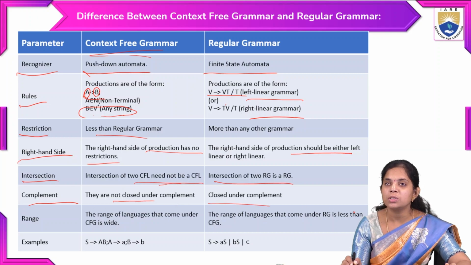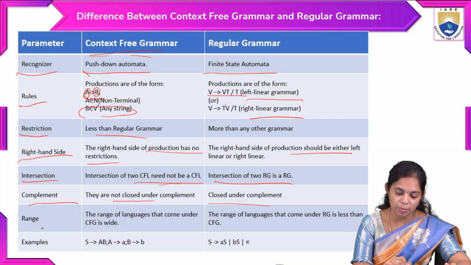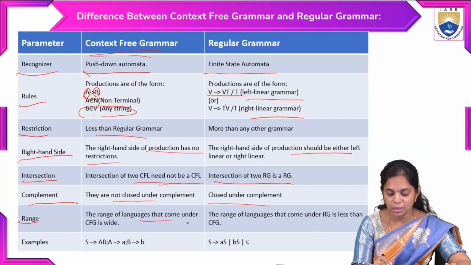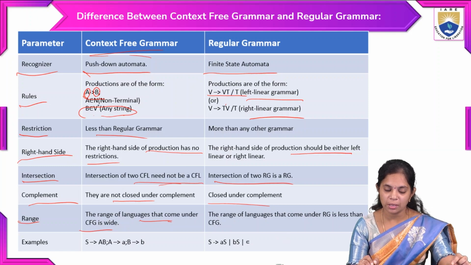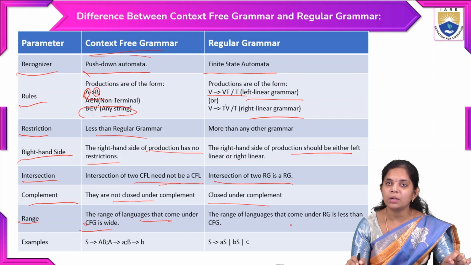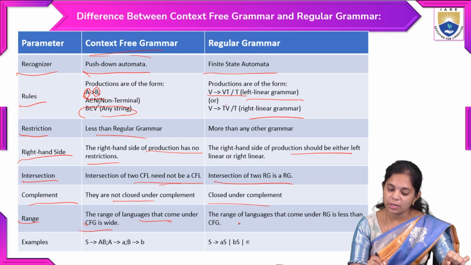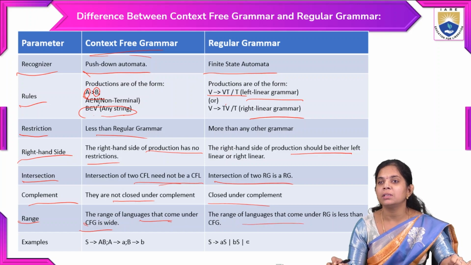And the range: the range of languages that come under the CFG is wide when compared to the regular grammar, and the range of languages that come under the regular grammar is less than CFG.